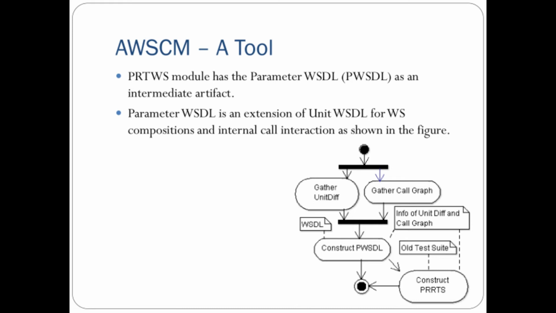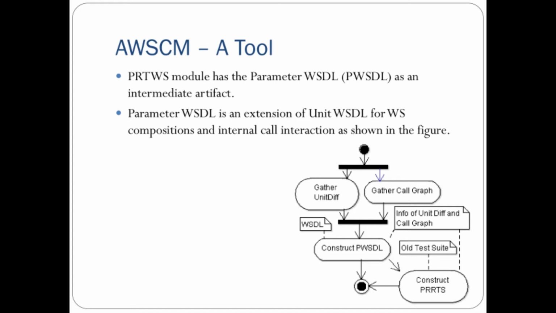It is a kind of extension of the unit WSDL. The unit WSDL captures any kind of change that happens to the code, but the parameter WSDL captures special code flow types of changes, which are gathered with the help of call graphs. Call graphs mean one procedure calling another procedure, and that procedure calling another procedure.